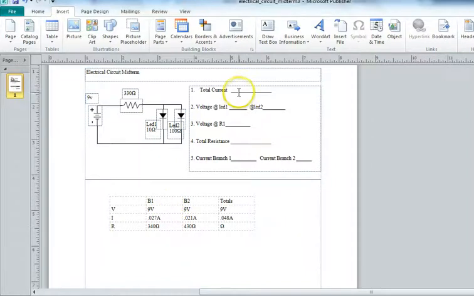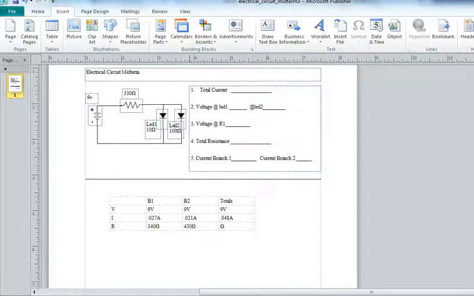Then we go up here to your total resistance. Total resistance is 9 volts. Remember, resistance is voltage divided by current. 9 volts divided by 0.48. So you can see this is going to be a bigger number, whereas before it was a smaller number because we had the bigger number.